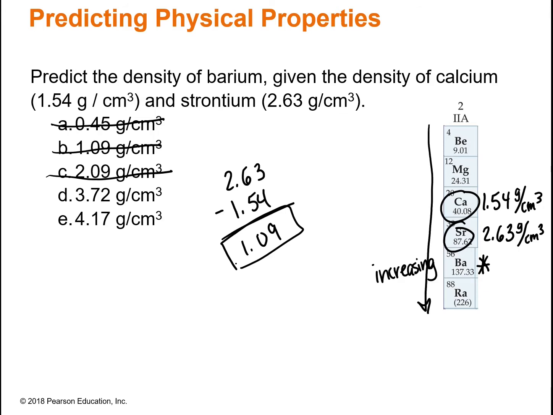That means the difference between strontium and barium should be 1.09. So if you add, whoops, gave you the answer. So it should be 2.63 plus 1.09.